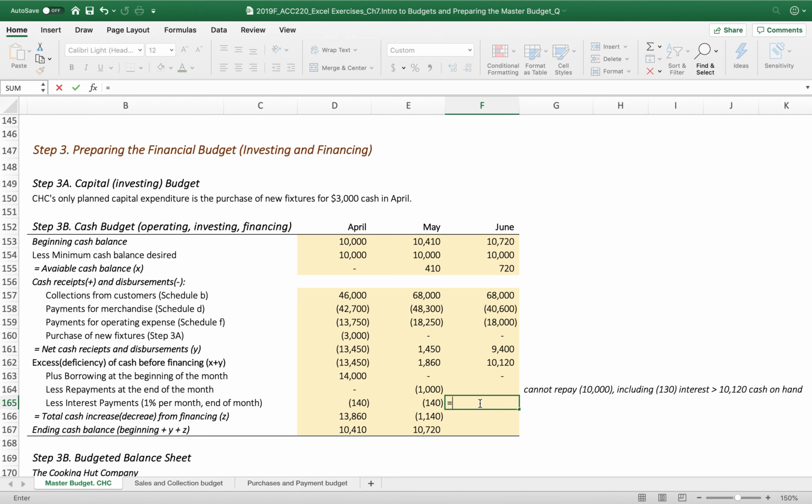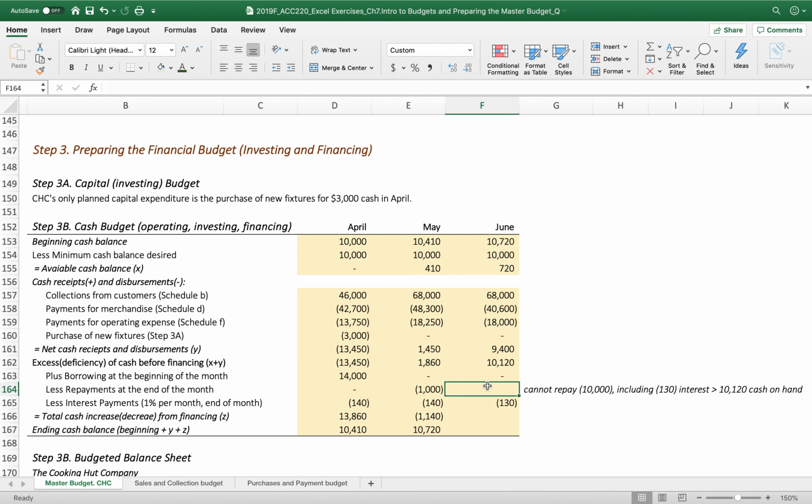$130 here, let's calculate interest expense first. Interest expense, $14,000. We paid out $1,000 previous month, right? And then times 1%. $130.